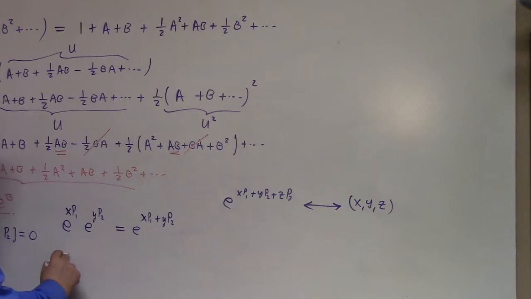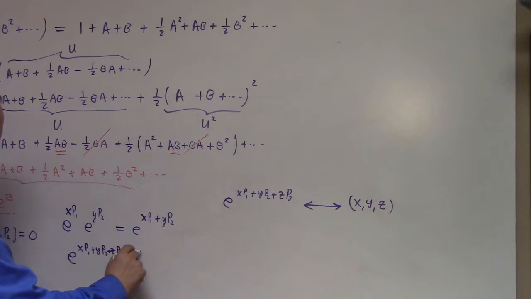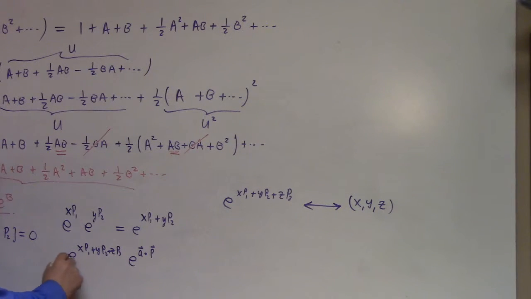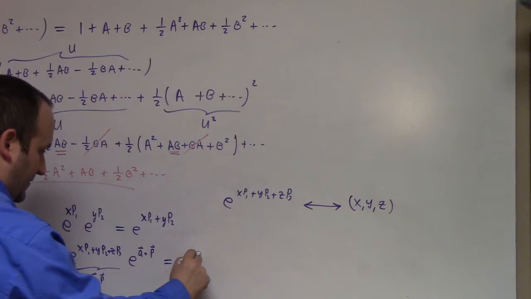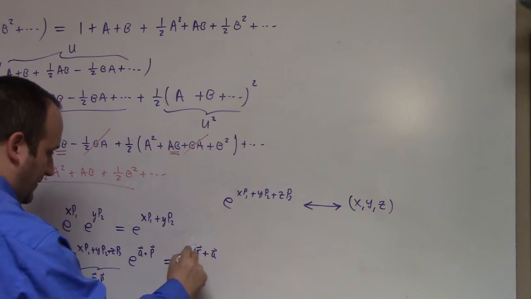Or you could think about it this way: I have e to the xp1 plus yp2 plus zp3. I multiply by e to the, let's say, a, here's a better notation, a dot p. And this would be like e to the r dot p. What you get is e to the r plus a dot p.